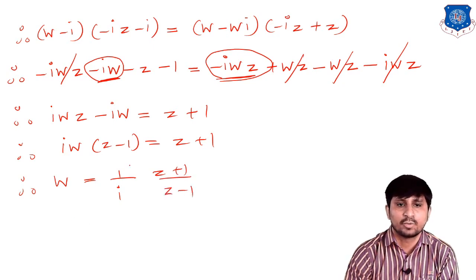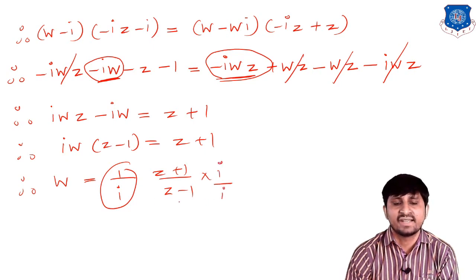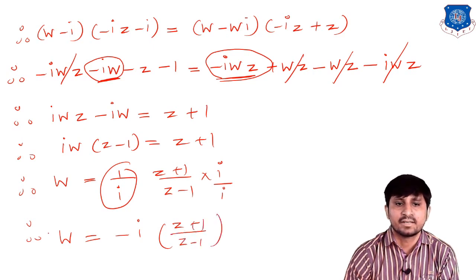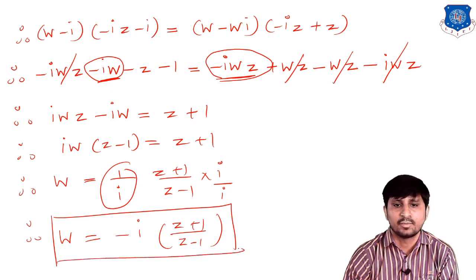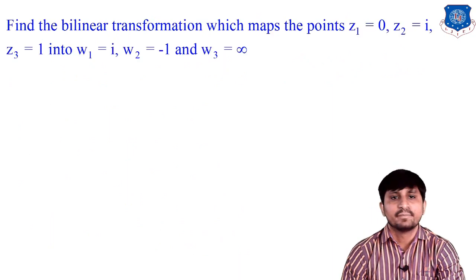We know that 1 upon I can be written as minus I, because when we multiply with I and divide by I, in the denominator we have I square, which is minus 1. So W is equal to minus I into Z plus 1 upon Z minus 1.